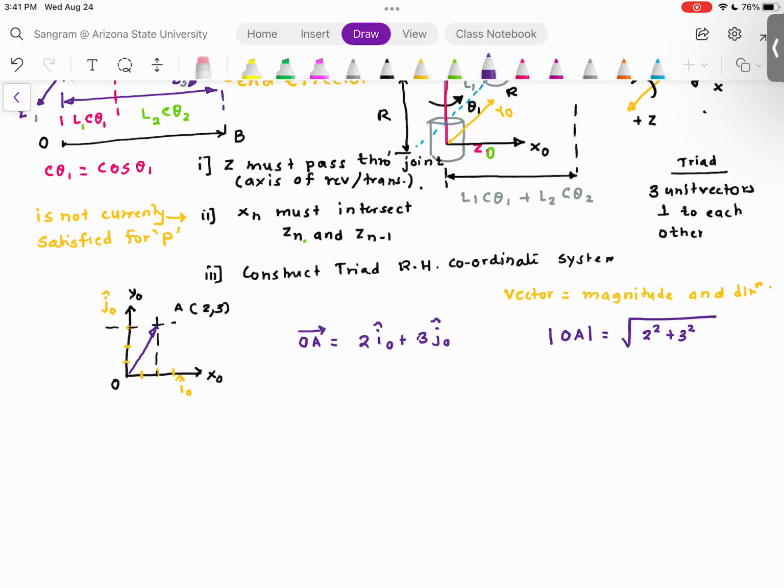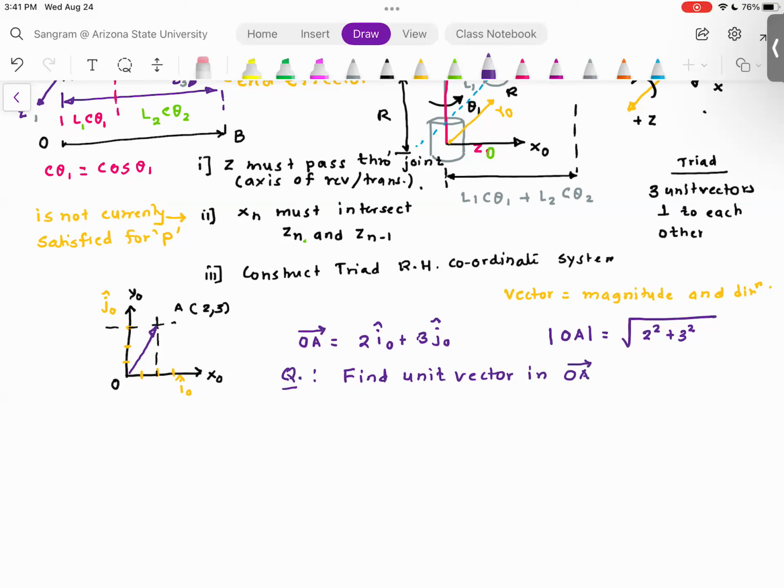Now, this is the question, and this is an important question. Find the unit vector in the OA direction.